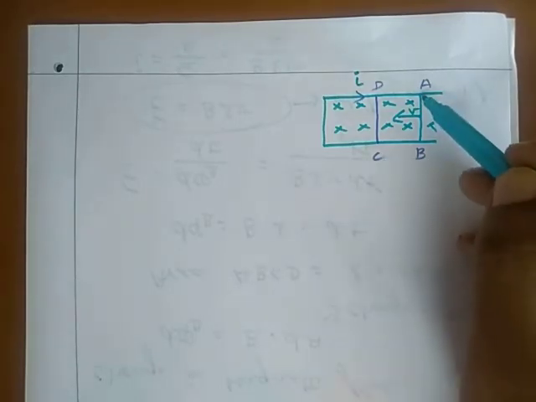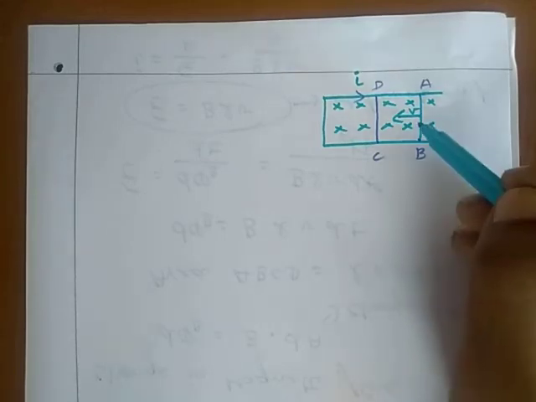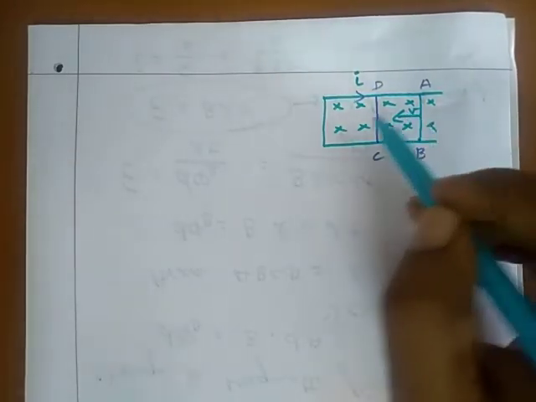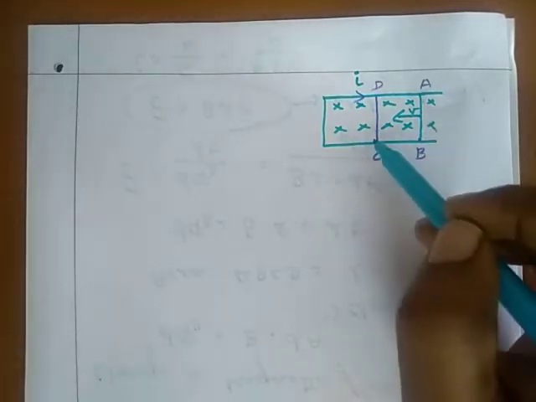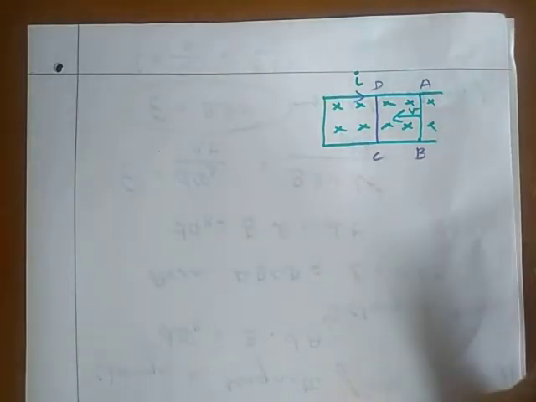This current carrying conductor is moved with the velocity v in a magnetic field. We know very well from our third lesson, when a charged particle moves at an angle theta with a magnetic field, or perpendicular to the magnetic field, it experiences a force. That force is known as Lorentz force.